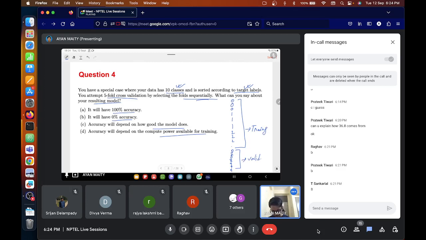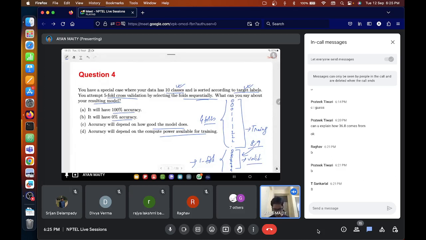The first 4 folds would not contain any examples of class 8 and class 9, because all the class 8 and class 9 examples are in the last fold, and this last fold is used only for validation or testing.